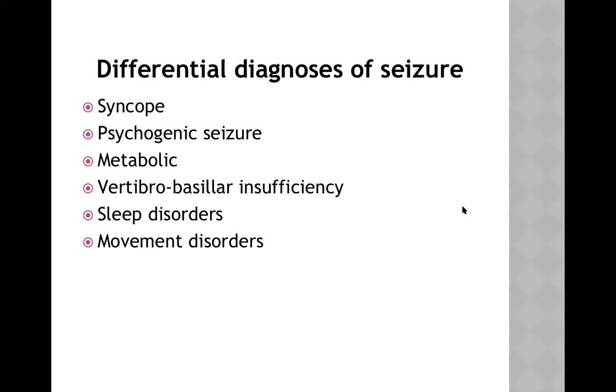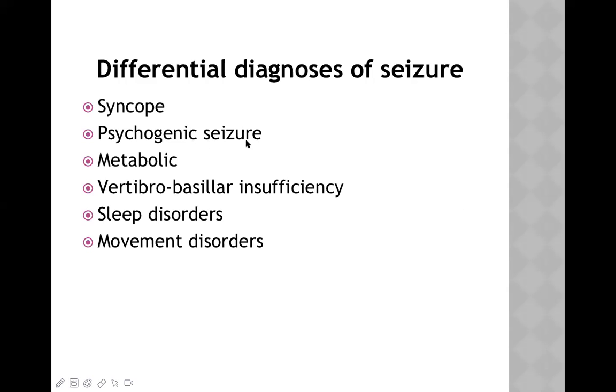I'm sure you are getting what I'm saying here. If there is prolonged loss of blood flow to the brain, seizure can happen, and the seizure can also lead to loss of consciousness. So many of the time we confuse between these two. That's why it is considered a differential diagnosis.